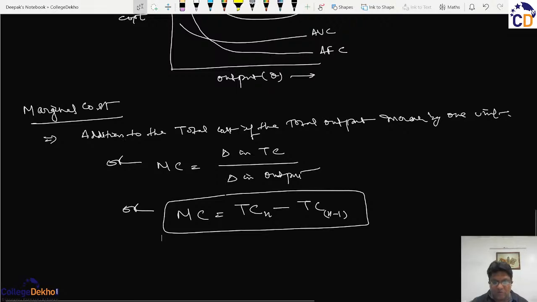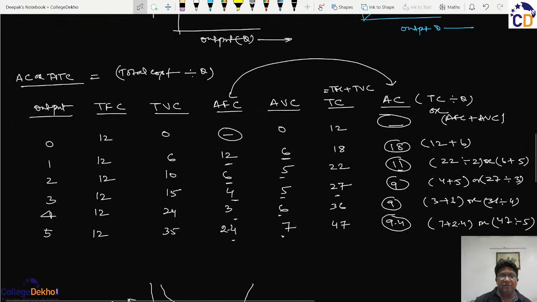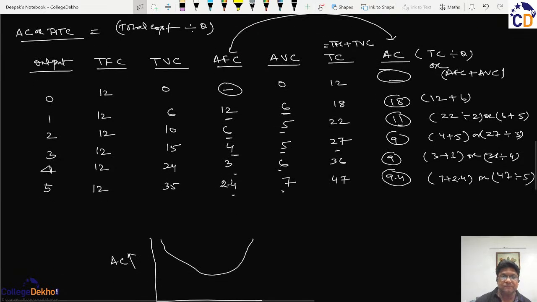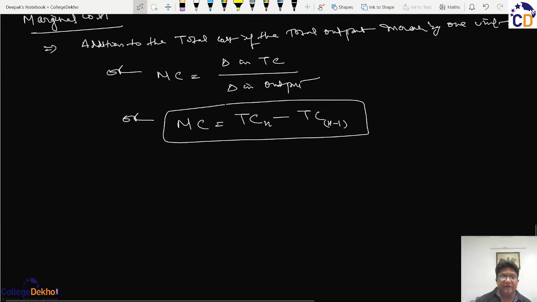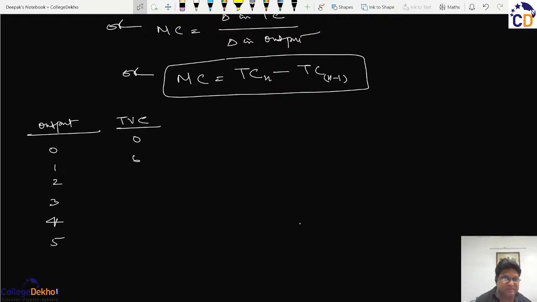So if we reproduce that graph here which showed this total cost, if I reproduce that graph here again, where we had the output that is 0, 1, 2, 3, 4, 5, and we had this figure of total variable cost which was 0, 6, 10, 15, 24, 35.